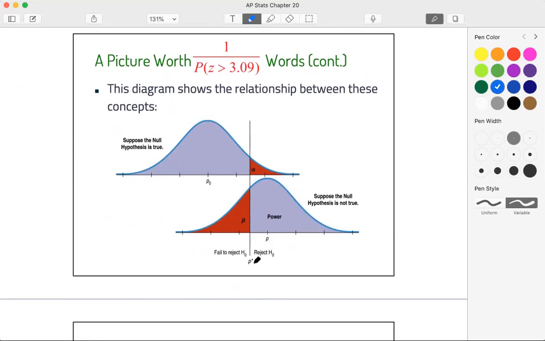This is where the null hypothesis is true. Here's alpha, which is the probability you make a type 1 error, and here's the probability you make a type 2 error. If I move this line this way, notice I increase alpha, but I will decrease beta.